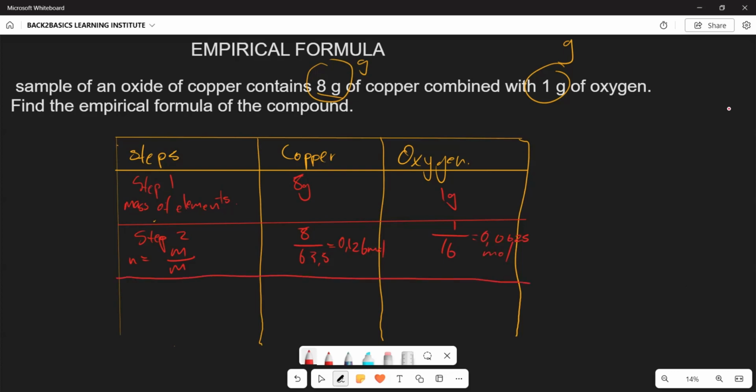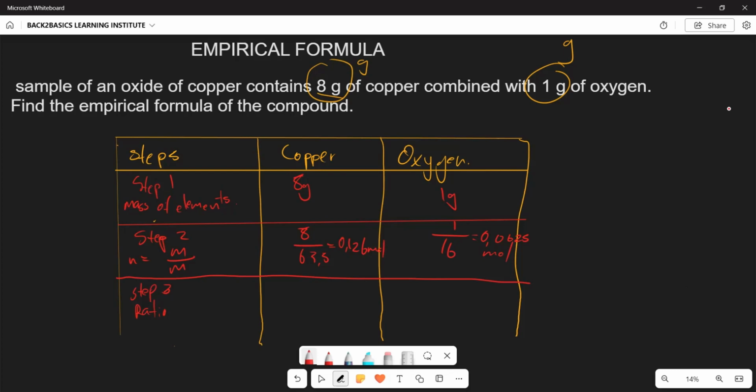Then we continue. Our step 3 is we are going to determine the atomic ratio. Remember again, we said we divide by the smallest one. If you can check, the smallest mole between the two is 0,0625.